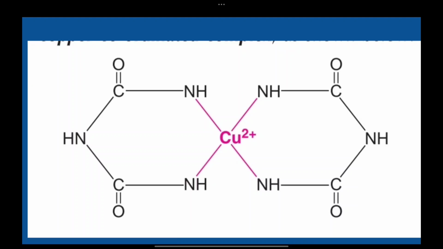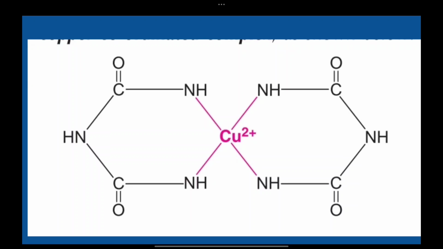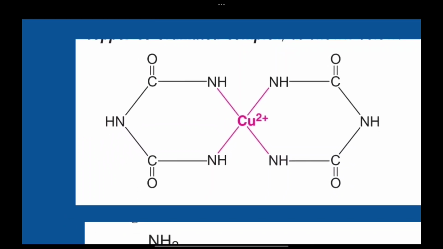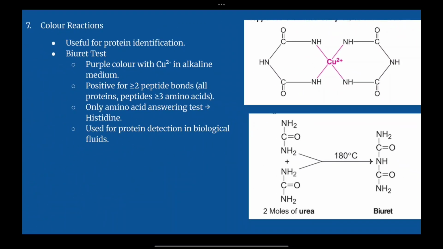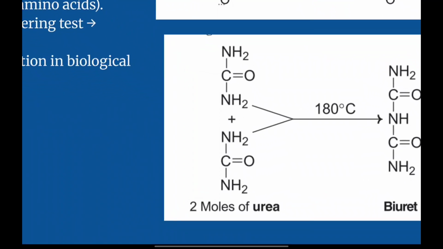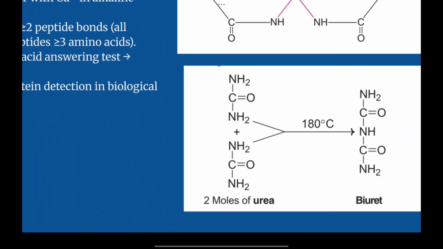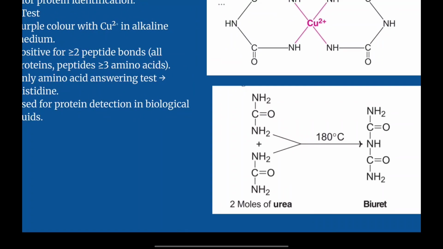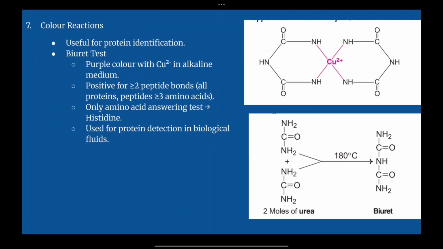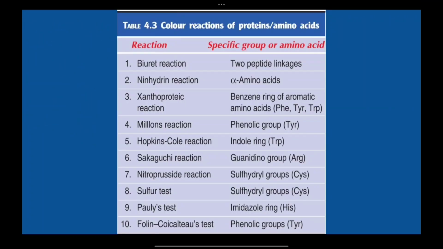There is a copper bonding between the N terminals of the 4 amino acid groups. This is a histidine group wherein copper forms a bond and produces a purple color in the solution. Here, 2 moles of urea heated at 180 degrees Celsius are added to determine the presence of amino acids. So the biuret reaction determines the 2 peptide linkages formed between the amino acids.